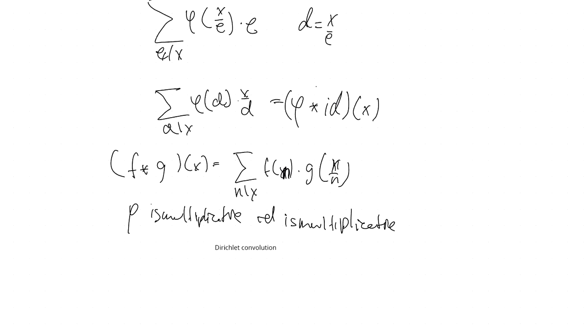Dirichlet is a famous mathematician who did number theory and calculus. Convolution is a calculus concept, but Dirichlet convolution is used more in number theory because it's quite different from normal convolutions. Okay, anyways. After you see this, there's a very famous property that if you take the Dirichlet convolution of two multiplicative functions, then the resulting function is multiplicative too.